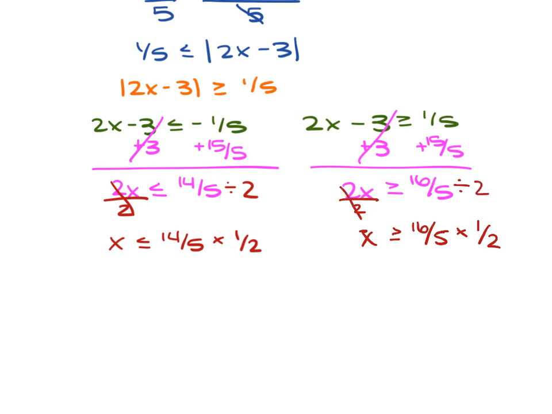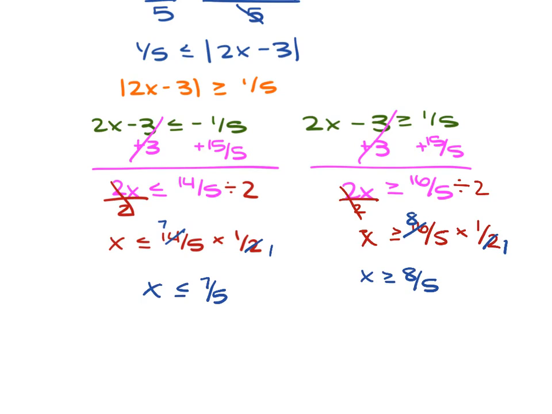So this is going to leave me with the 14 becomes a 7, 2 becomes a 1, 7 times 1 is 7 over 5. So x is less than or equal to 7 over 5, as well as the 16 becomes an 8, 2 becomes a 1, so x is greater than or equal to 8 over 5.